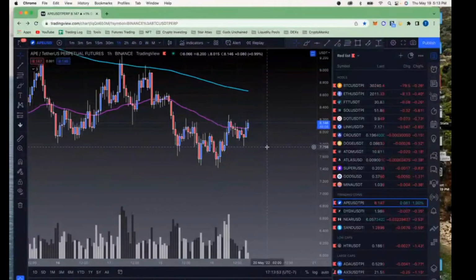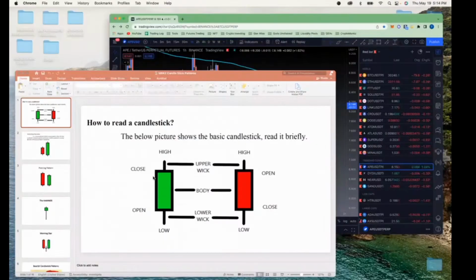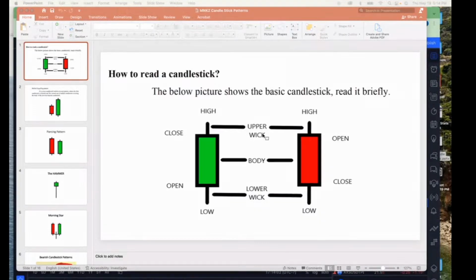So when I scalp, I usually pick a trendy coin, which of course is ape right now. That's how you read a candlestick very briefly. The body is the middle, and then these are called wicks. These wicks will vary in size depending on the direction that the market is going.